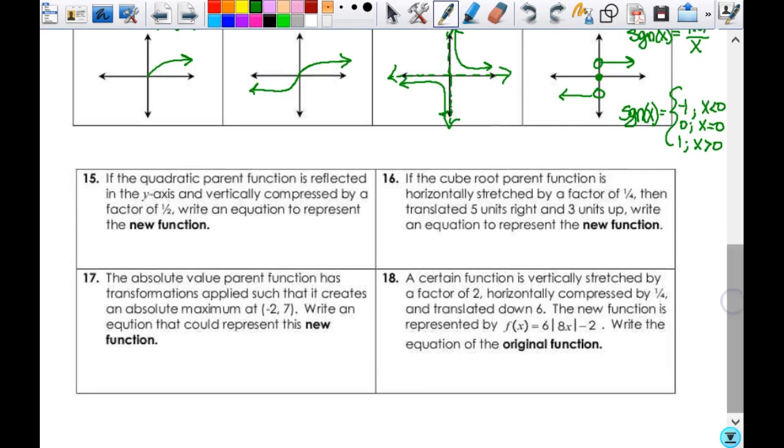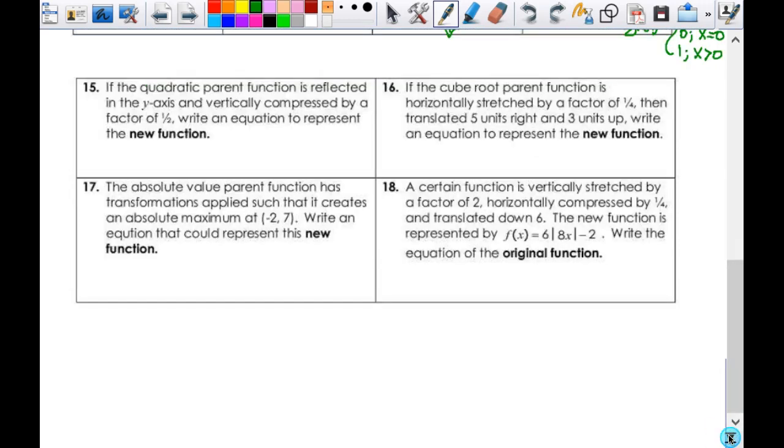All right, 15. If the quadratic parent function, which would be this, f of x equals x squared, is reflected in the y-axis and vertically compressed by a factor of 1/2, write an equation to represent the new function. Okay, so that means that my new function, g of x, so we're going to reflect it in the y-axis.